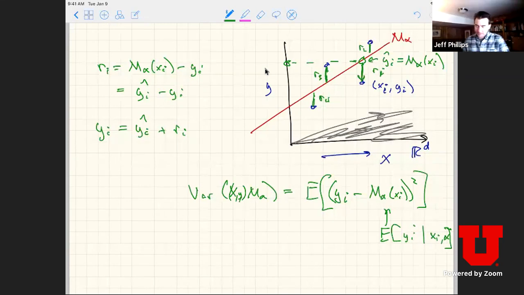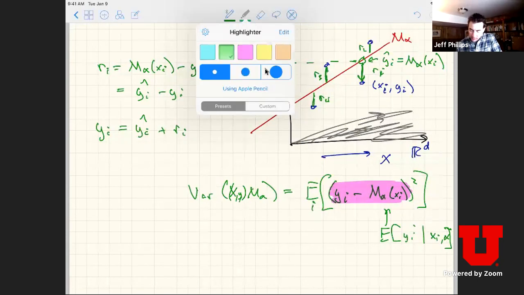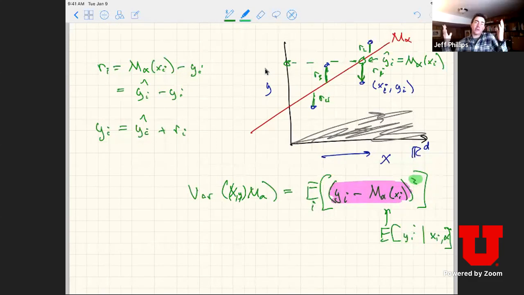So if I look at the variance, it's the expected value over the choice of i, basically an average, which is the sum of the differences squared. When I square it, I'm taking this term which has a sign, but then I'm squaring it, so the sign goes away.